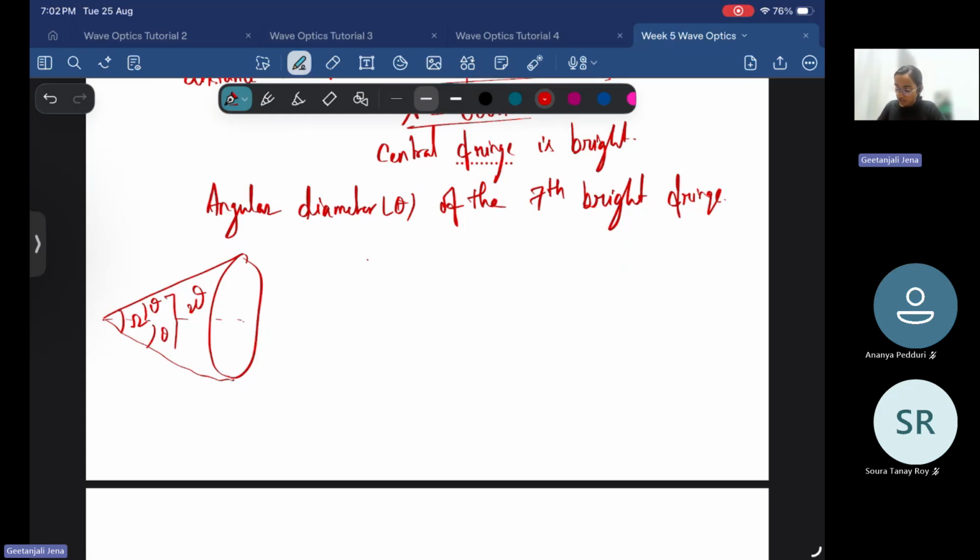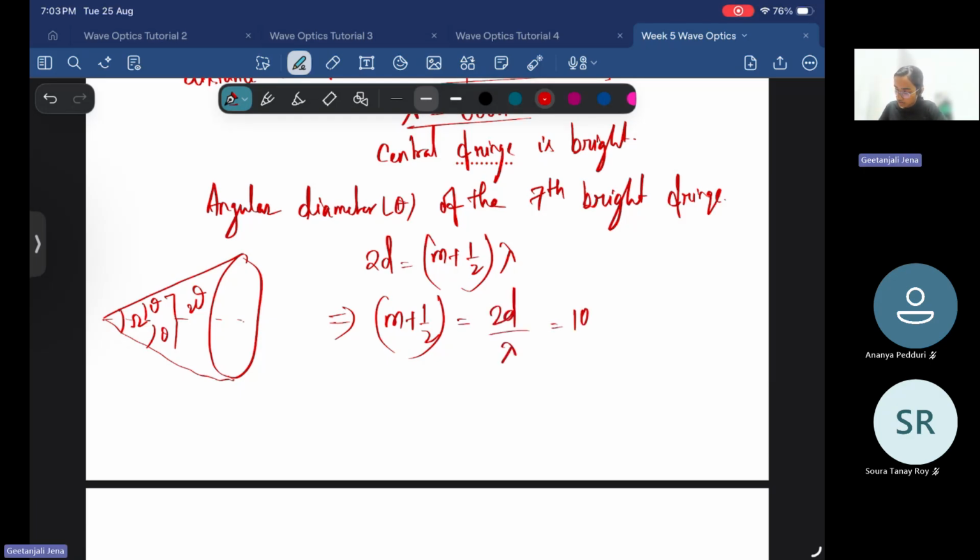So for bright fringe, 2d is m plus half lambda. 2d is given, so that means m plus half is 2d over lambda, which is 10,000.